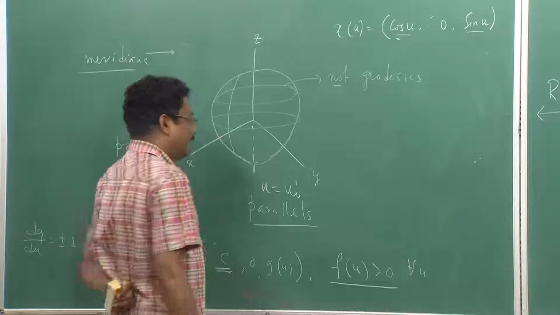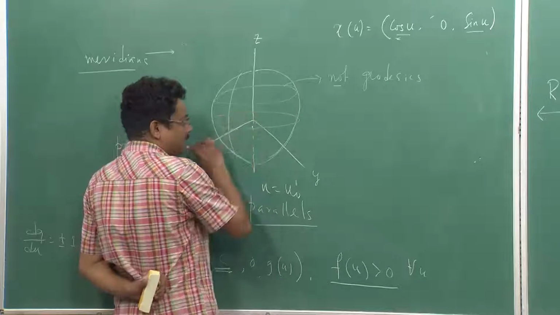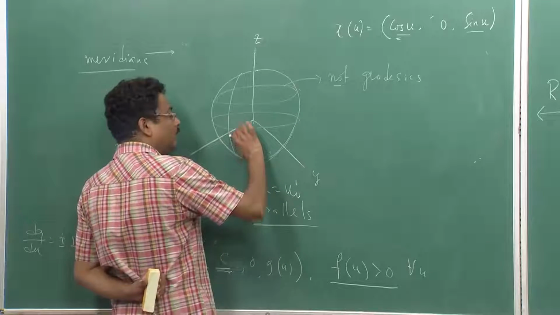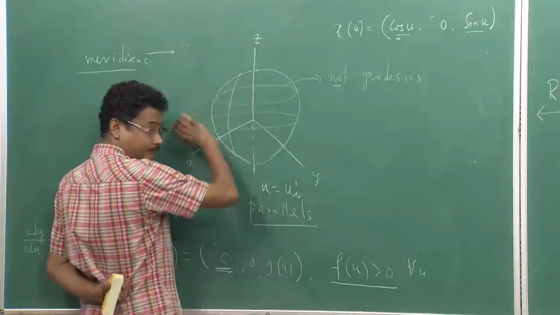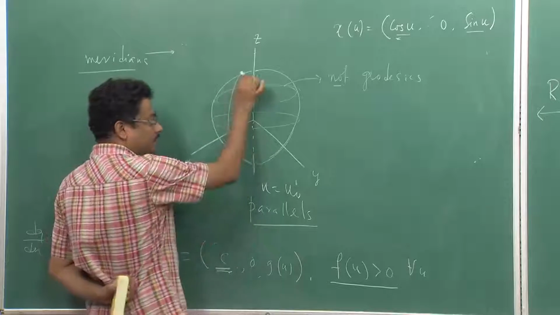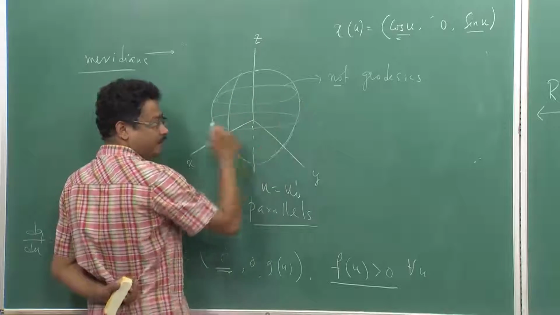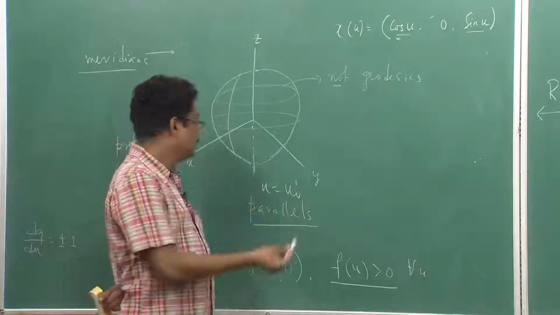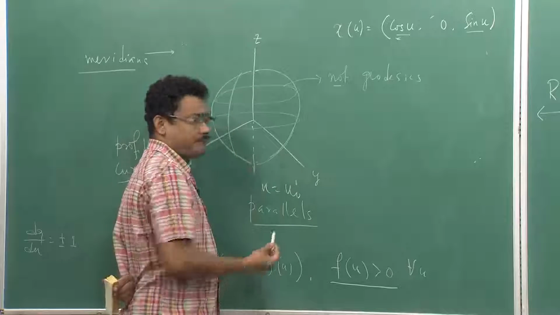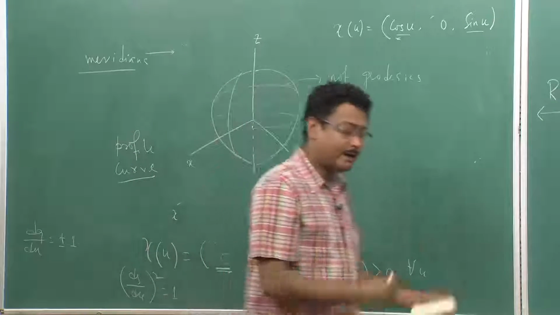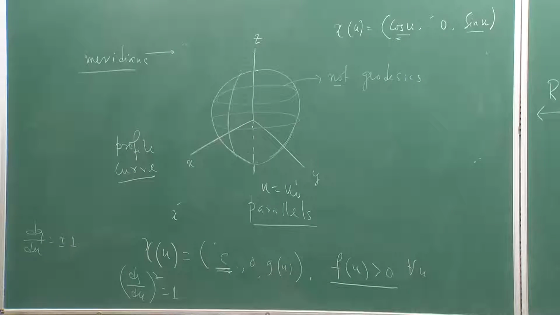So, for long distance flights they will try to fly along the meridian, so that they travel a shorter path, because if they travel around the parallels, they have to cover much more. The shortest path is always along the meridians. Okay.